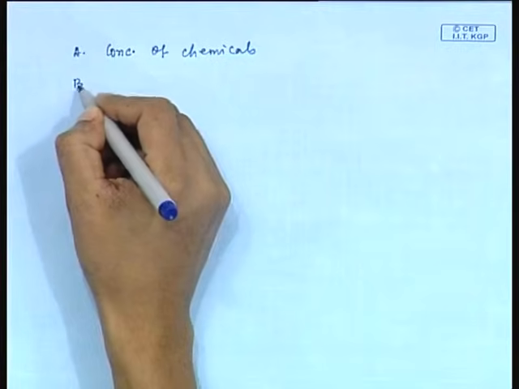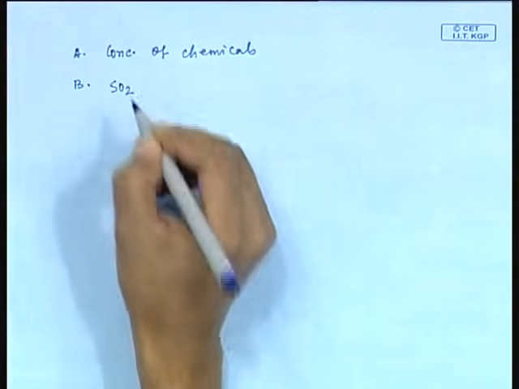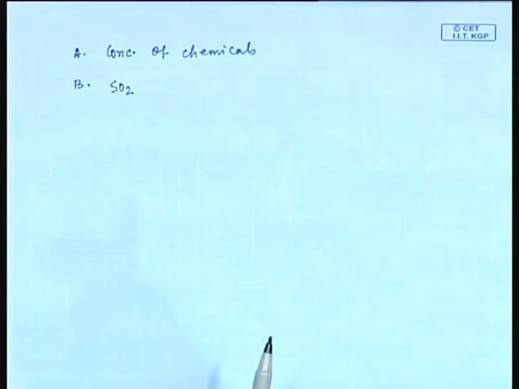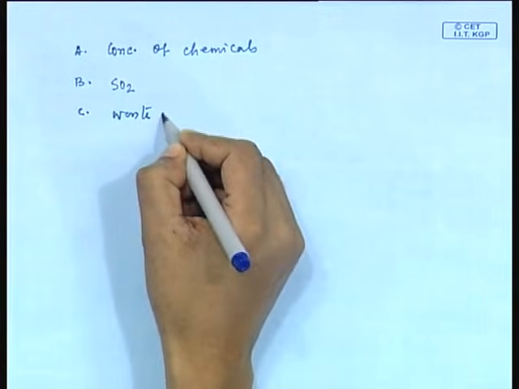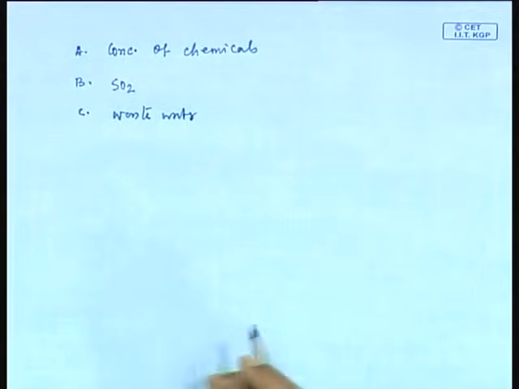Another example is sulfur dioxide concentration in the stream which is rejected to the atmosphere. And third example is the waste water which is returned to the river or lake. These are three examples under the environmental regulations.